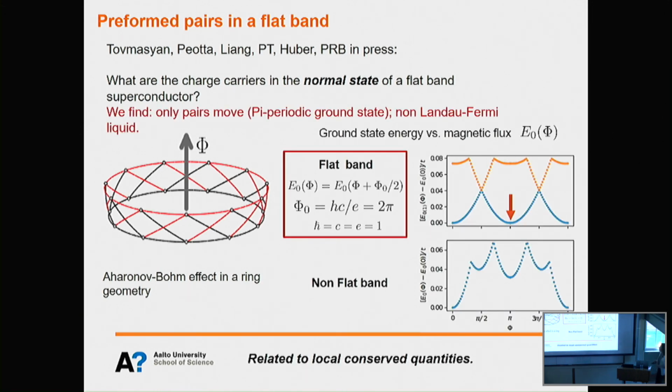I won't say much about this because I want to show the new stuff. But basically we showed that the carriers of current are always pairs, also at high temperatures. So one could see this kind of pair movement and localization of single particles also in the normal state.